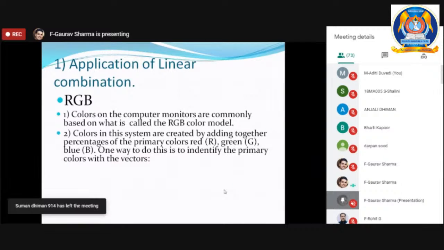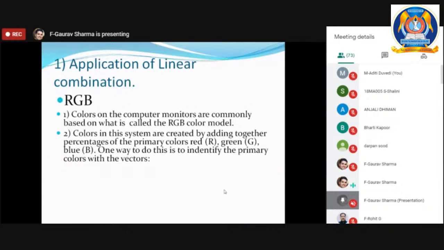One way to do this is to identify the primary colors with vectors. Now see, in RGB, every other color except red, green, and blue, we can find by a combination of these colors.